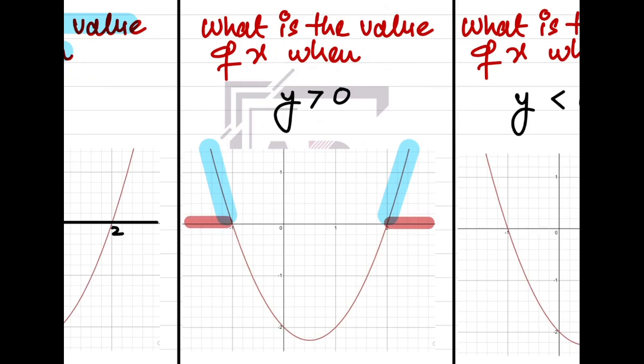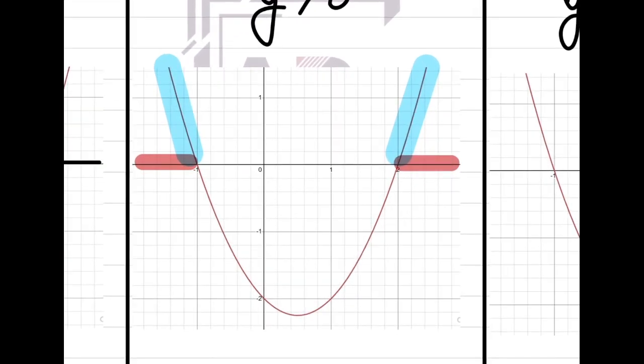Now you have observed that we need to know the x value when it is intersecting the x-axis. It means we need to know the value of x when y is equal to 0. And with that reference, we are going to answer that when x is greater than 2, the value of y is greater than 0.